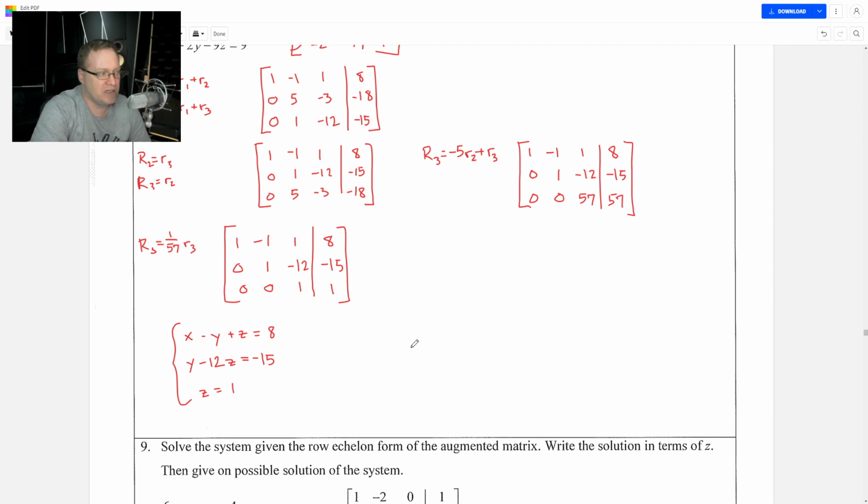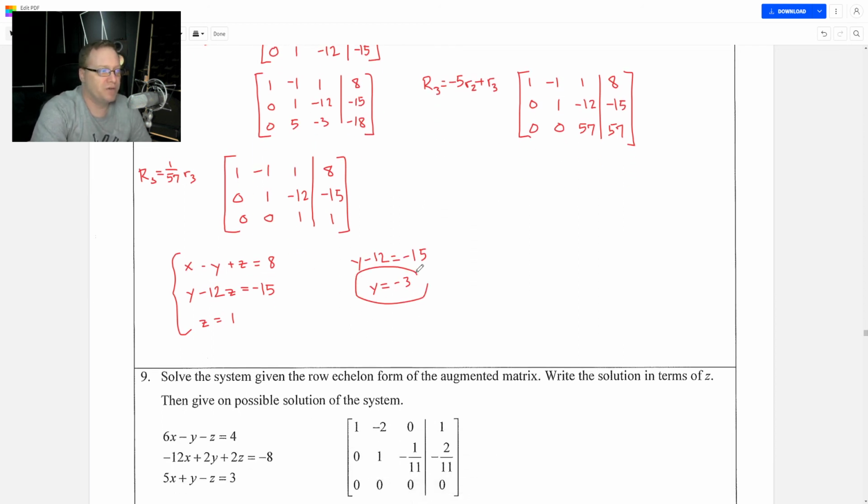So now, since we have z equals 1, it's easy to solve the rest of these. We put the 1 in here, so we'll have y minus 12 times 1, which is just 12, equals negative 15. Well, that means y has to equal negative 3. Okay?